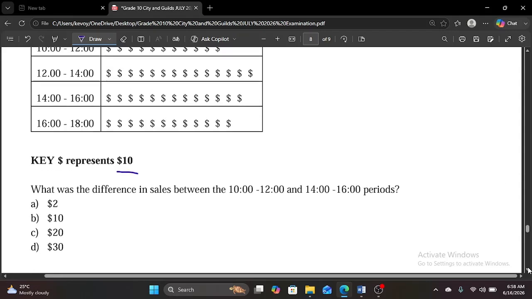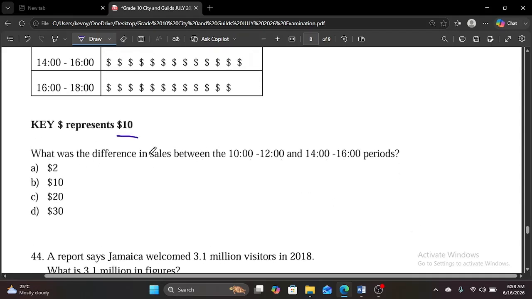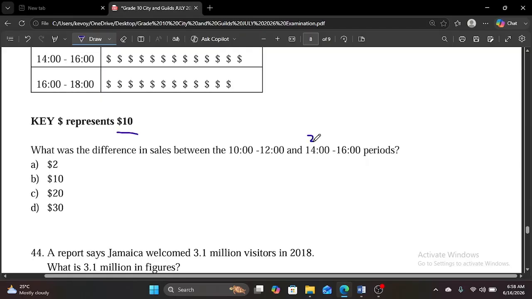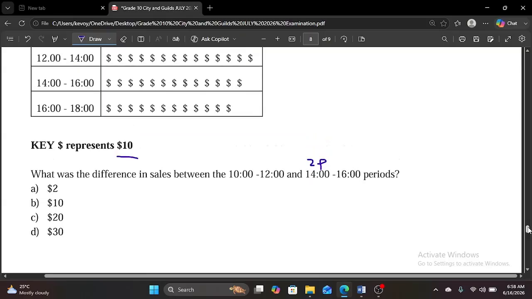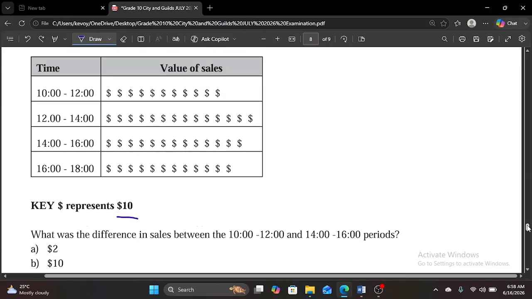It asks us for the difference in sales between 10 o'clock to 12 o'clock and 14, which is 2 p.m., to, but we can still just write 14 hours to 16 hours. So let's look at the difference in the sales between those times. From 10 to 12, let's count it.